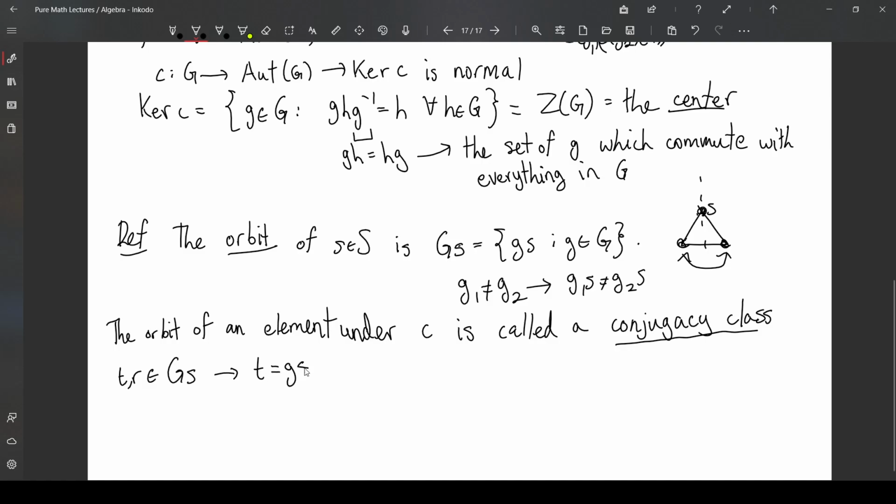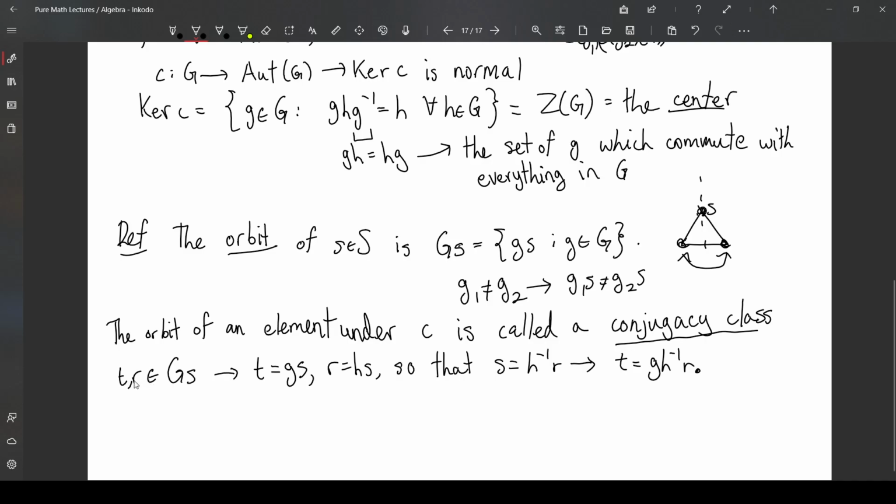So let's say T is equal to GS and R is equal to HS. So that S is equal to H inverse R, right? And this implies that T is equal to G H inverse of R.